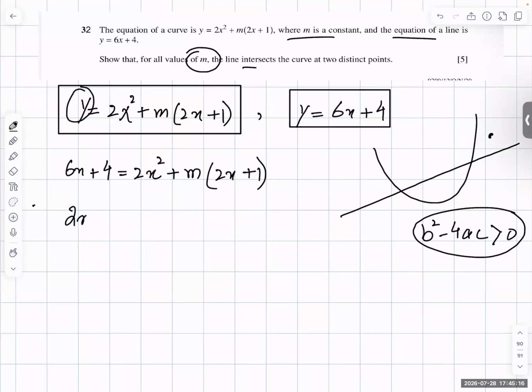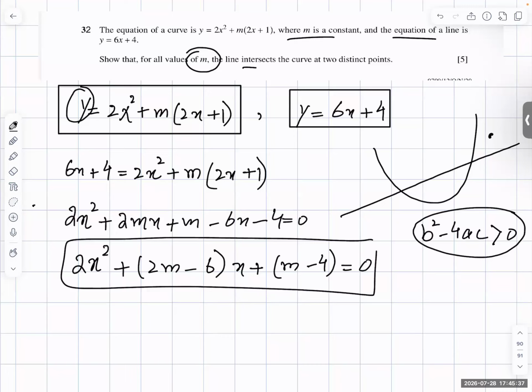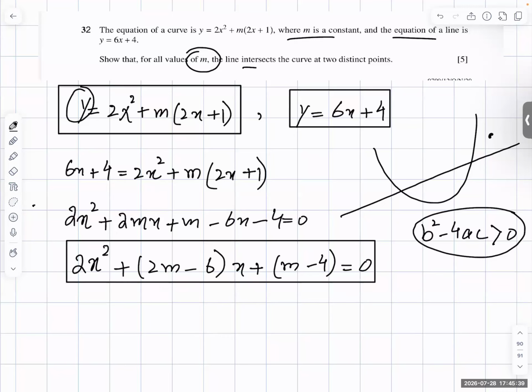And then we rearrange it, that becomes 2x square plus 2mx plus m minus 6x minus 4 equals to 0. So 2x square plus 2m minus 6 into x plus m minus 4 is equal to 0. Just have a look. We have not made any mistake here.